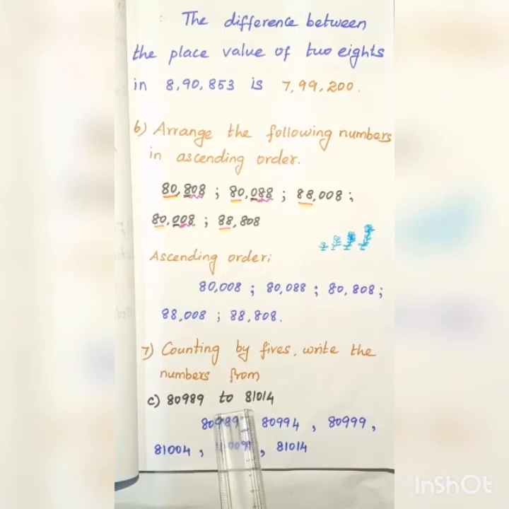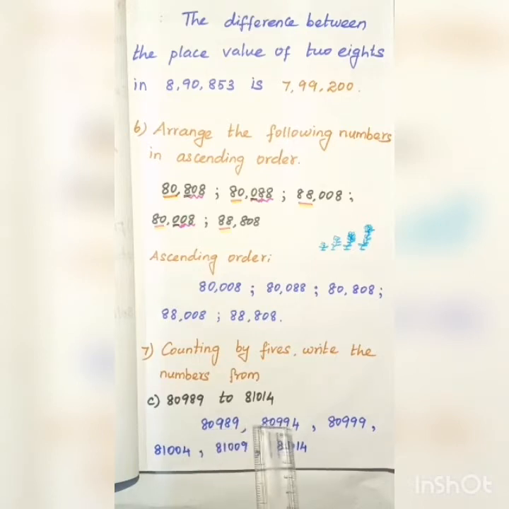Now you have your question: add by fives from 80,989. Here you have the word from. So you write first this number, 80,989. Then you add 5 to this number. After 89, what do you have? 89, 90, 91, 92, 93, 94.